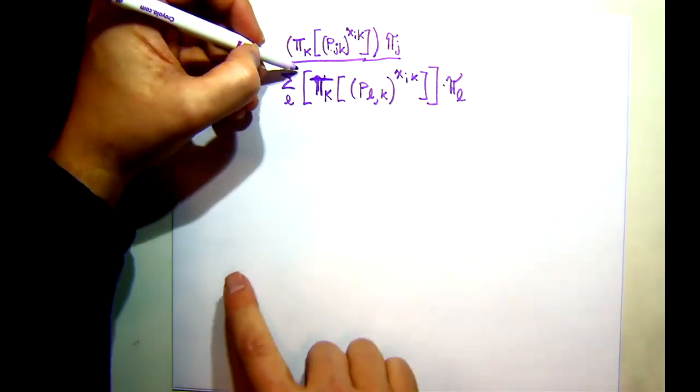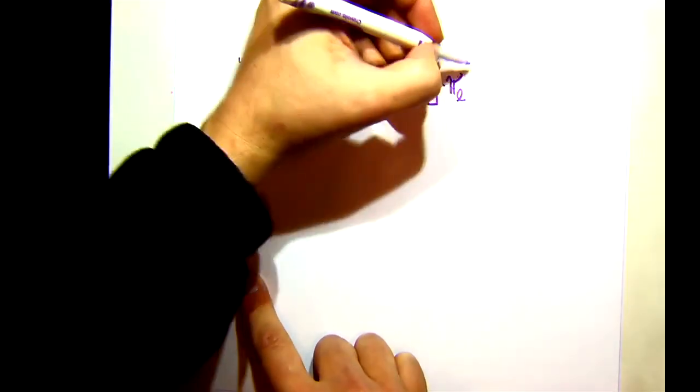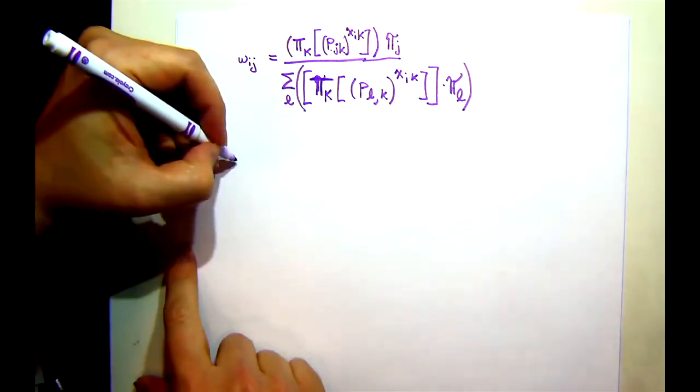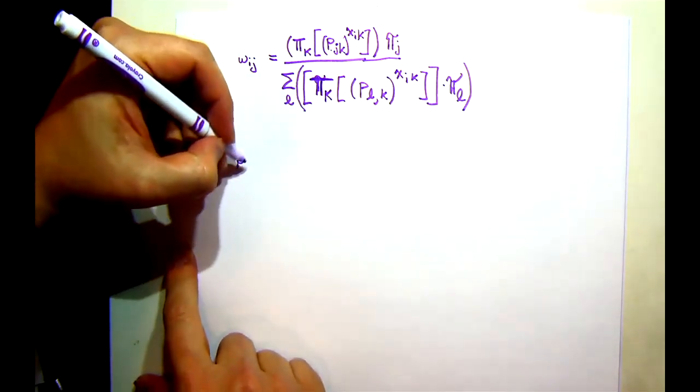This summation is actually over all of this. So that's the W, the weighting vector that we got, just like in clustering. Conceptually, it's the same. It's much different because we're coming up with probabilities instead of means, but that's what it looks like.